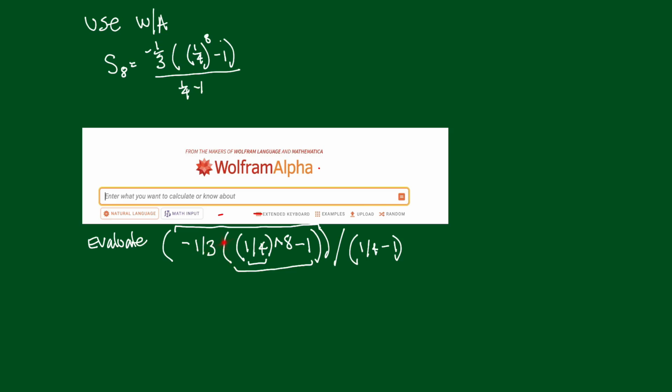Now parentheses. That parentheses there is this one right here. Then another parentheses for the 1/4. 1 divided by 4. Close that. Right? That parentheses is that one right there. Raise it to the 8th power. Minus 1. Now, close the parentheses.